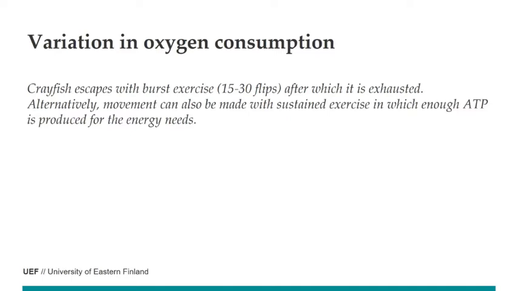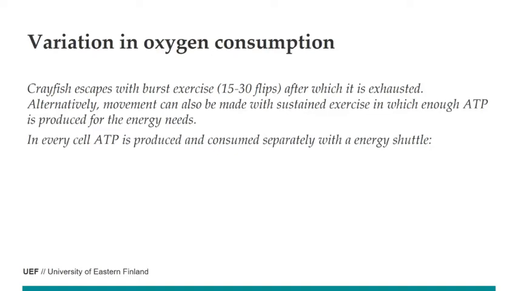In every cell, the ATP production and consumption should be in some kind of balance, at least in the long run, because ATP cannot be transported from one cell to another. So there's an energy shuttle. From ADP, you can produce ATP if you have enough energy.